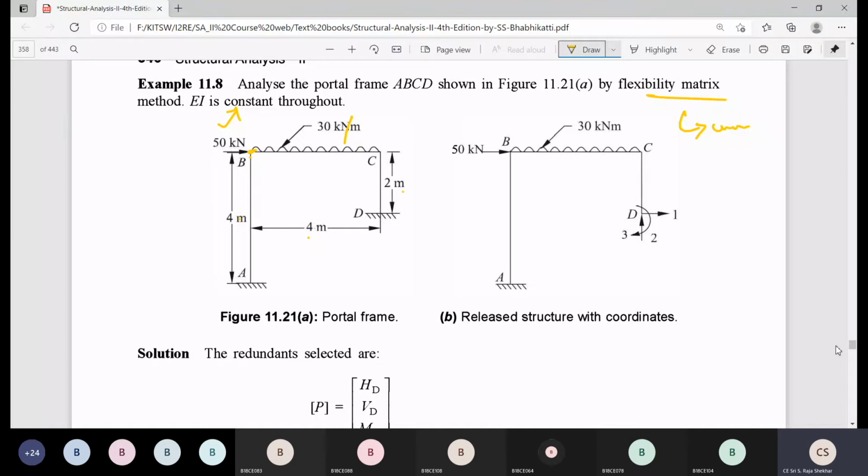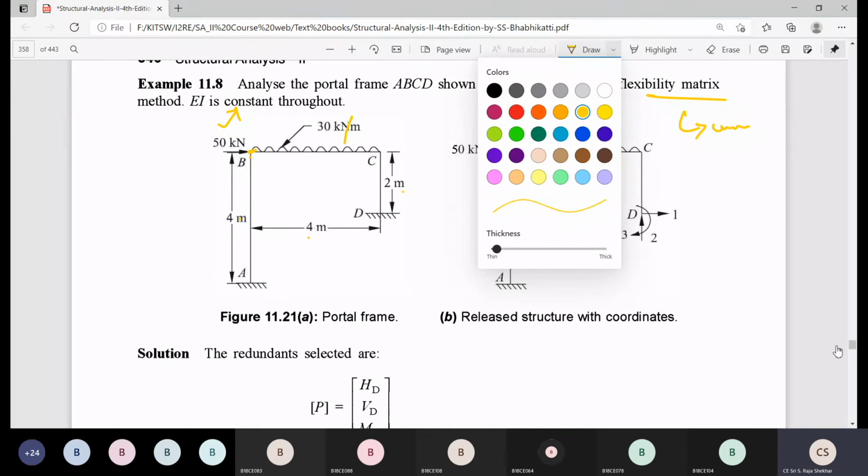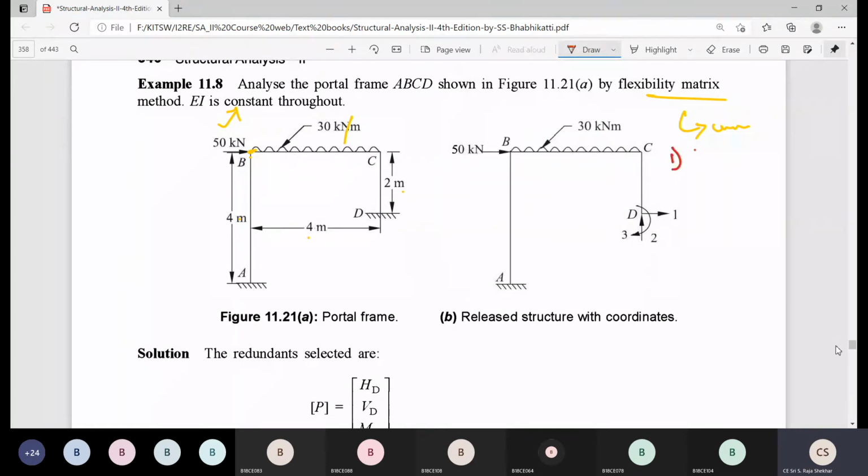Right. In the flexibility matrix method, in the first step we need to calculate the degree of static indeterminacy. Here this is like a beam structure, so we have only external indeterminacy. We need to calculate the number of unknown reactions at the supports minus static equilibrium equations.